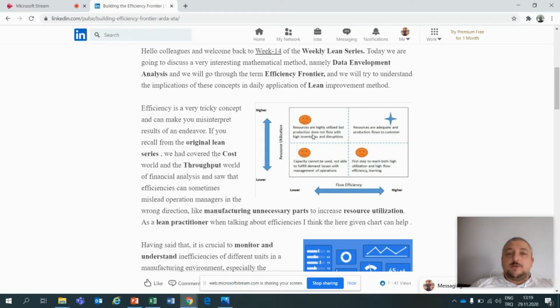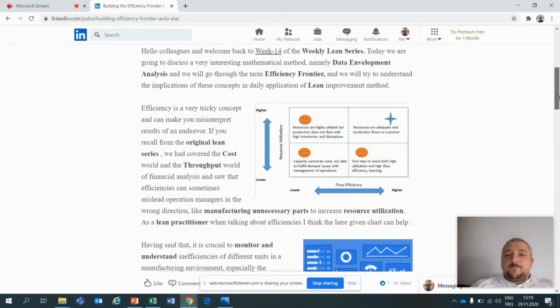Actually, it does not make much sense. So we want efficiency in a flow environment where we are trying to serve the customer the necessary products in accordance with takt and without disruption.